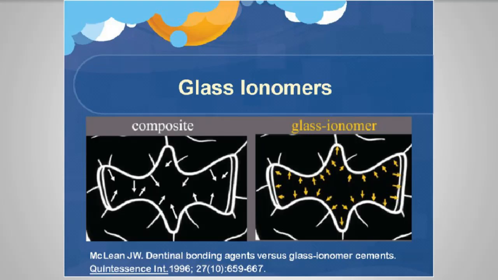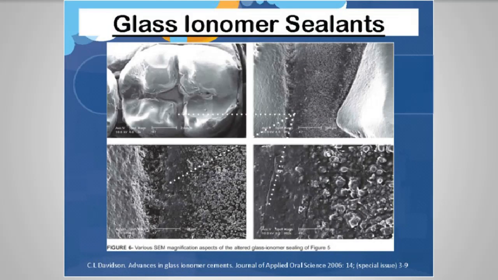GIs and RMGIs love tooth structure and do not polymerize away. In fact, as you can see here on these SEMs by Davidson back in 2006, it forms a very intimate structure.